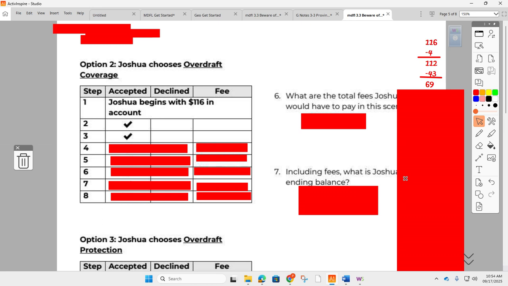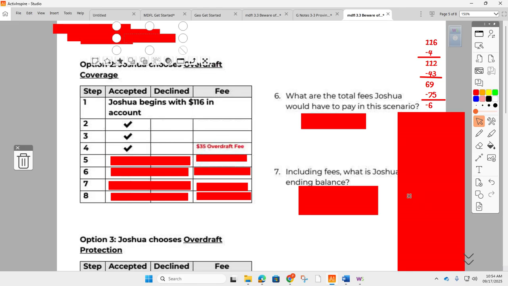Now the $75 yearbook kit, right? Are they going to pay it? Yep, they pay them all, right? So you're going to subtract the $75. Now he's down to negative $6. Are they going to charge him a fee? Yes, they are. So then we have to subtract that from the balance.